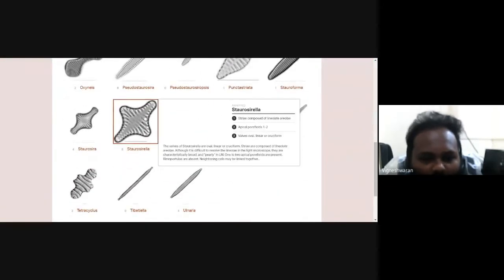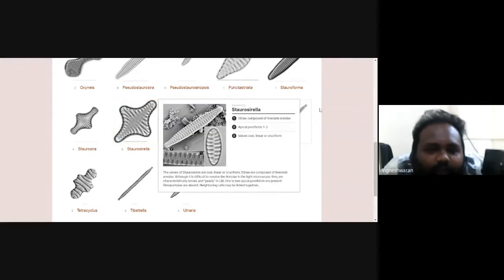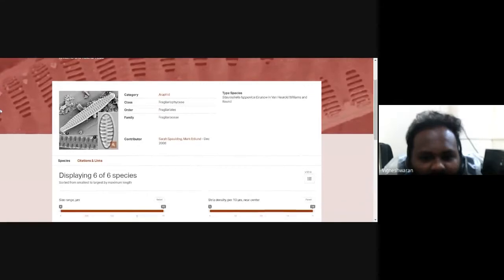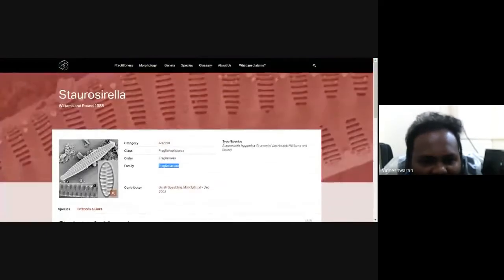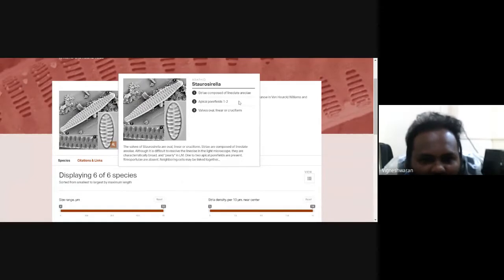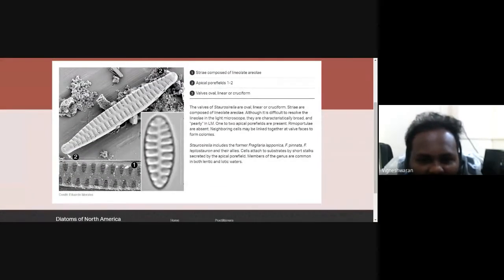Let us go inside this Tabularia to see. Everything comes under the class Bacillariophyceae, the entire diatom group. Then there is a class, order, family, everything. Inside the genus page on the website, they give everything very clearly, the guide: how you can identify this as araphid, what the genus is, how many striae, what the pore field is. In both poles, the number denotes 2.